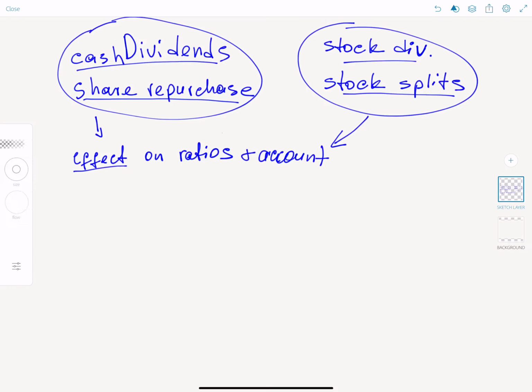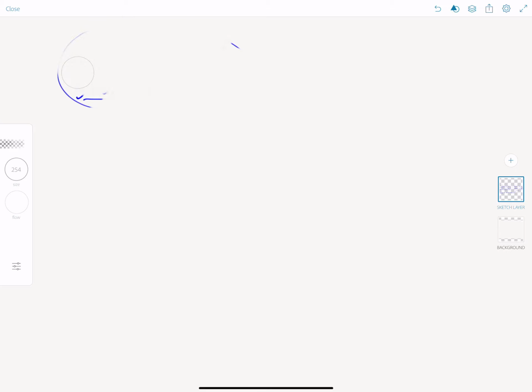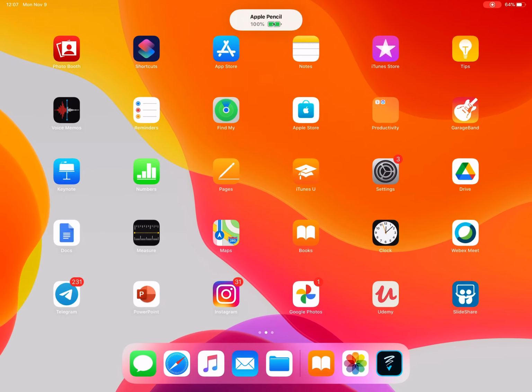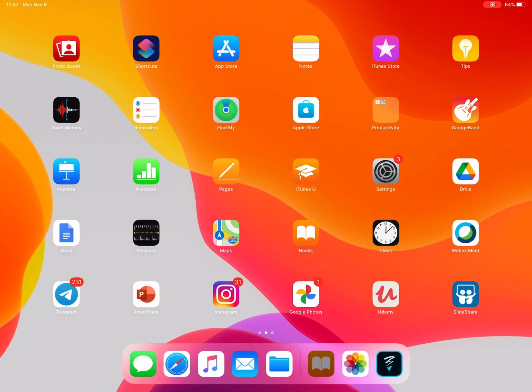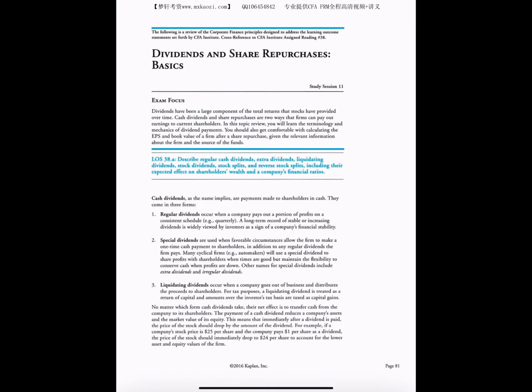Let's continue with this topic. Let me switch to the book. We said that there are three types of dividends.